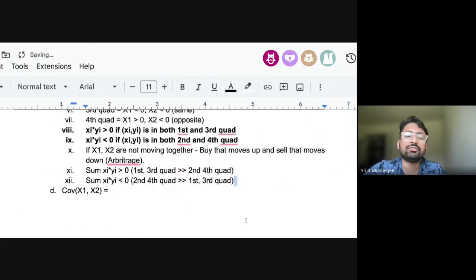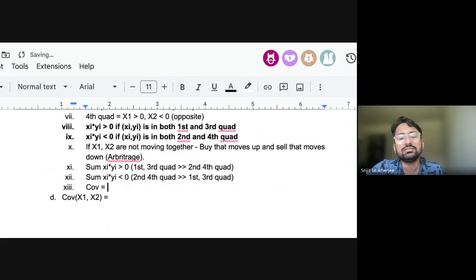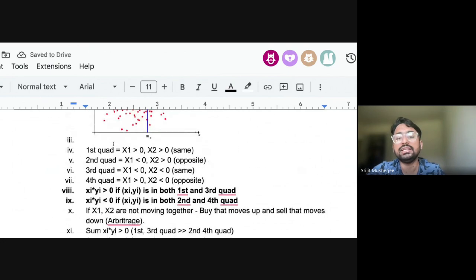So what we do is define covariance as a kind of average of this sum. Now remember, these xi, yi are mean normalized.